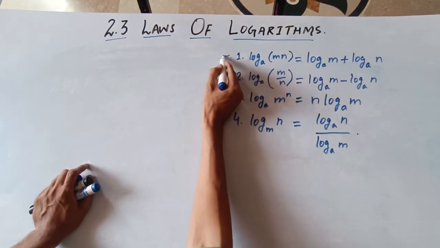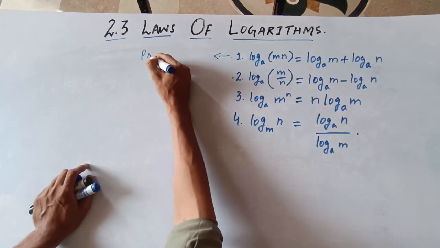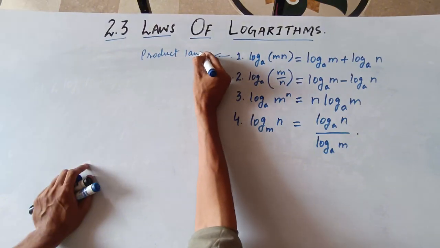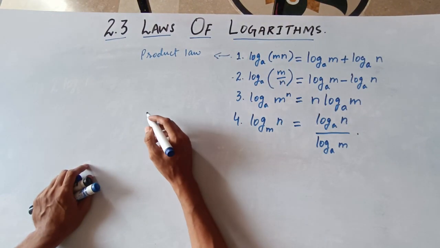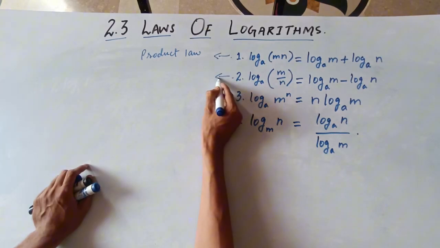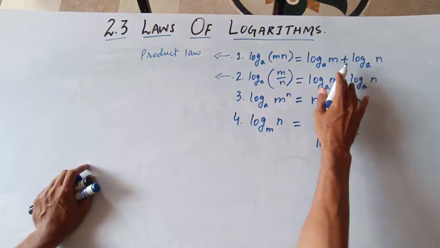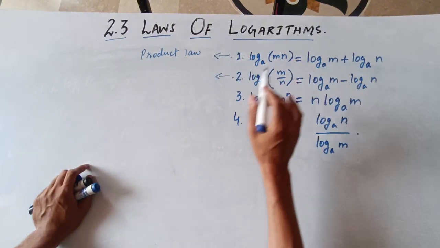Because they are in product form, we call this law the product law. Although we can use it in both ways, this one is called the product law. You can remember this: product and addition, product or plus.